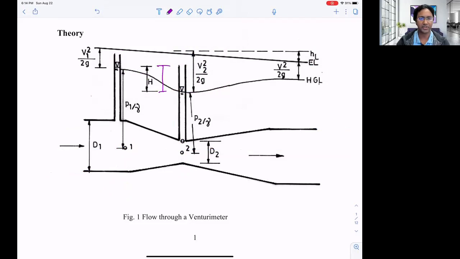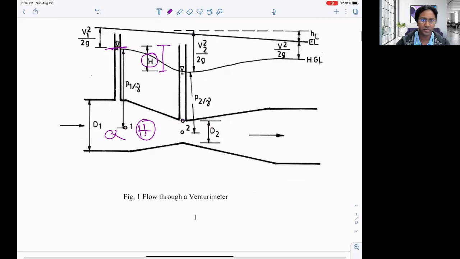That is the difference between the pressure heads, not the velocity head or the total head, right? That's the pressure differential between section 1 and section 2. We'll make a relationship between Q and that pressure differential, and then we'll be able to measure the flow, right?